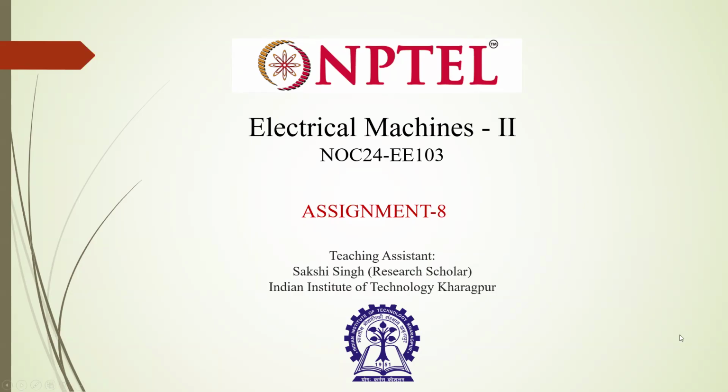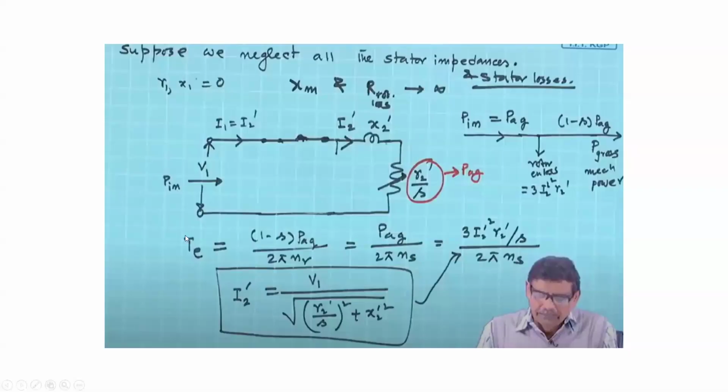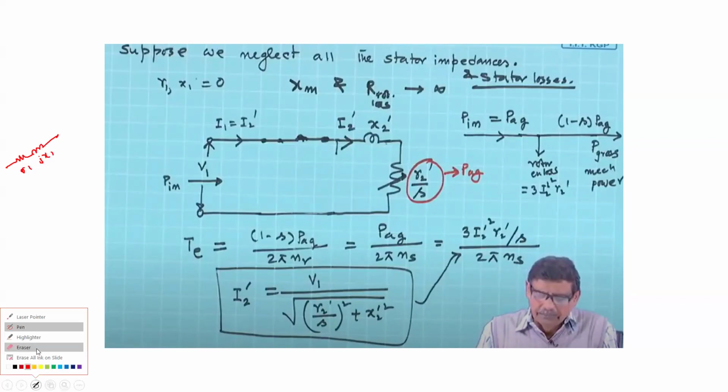So now we will see some of the things. Earlier we saw the equivalent circuit of the induction machine, right? So what was the equivalent circuit? It was something like this, that you had R1, jX1. Let me draw it a bit horizontally.